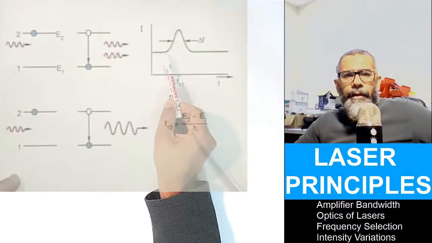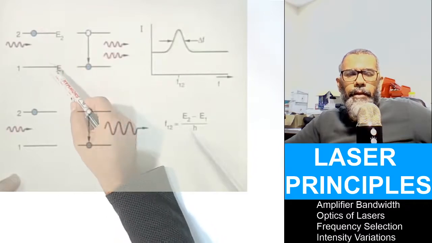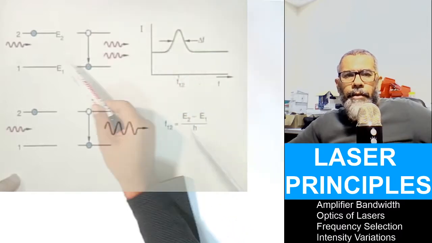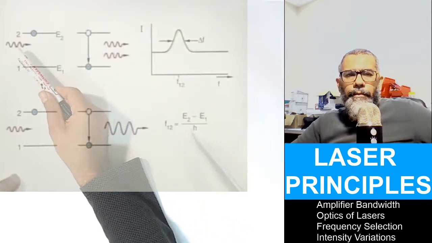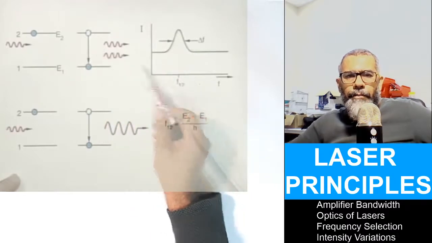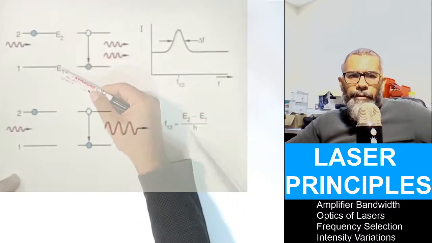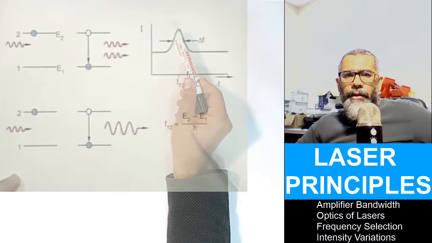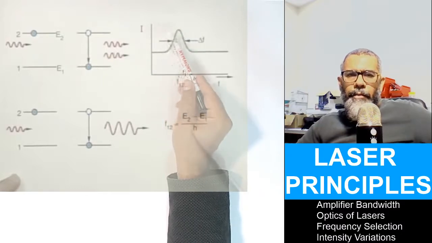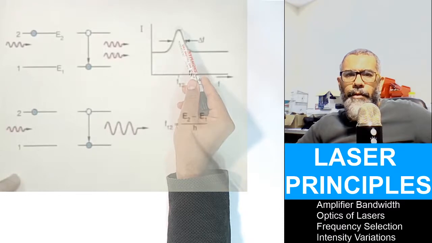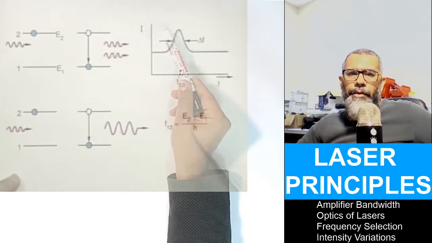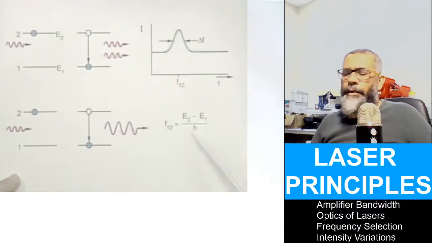Since the medium has atoms at the higher energy level acting like an optical amplifier, if you send a photon just at the resonance frequency that matches the difference between these two energy levels, you will see that the intensity of the photons in the medium increases to this peak level. In the picture, it is clearly seen that the number of photons increases because the intensity is now higher.